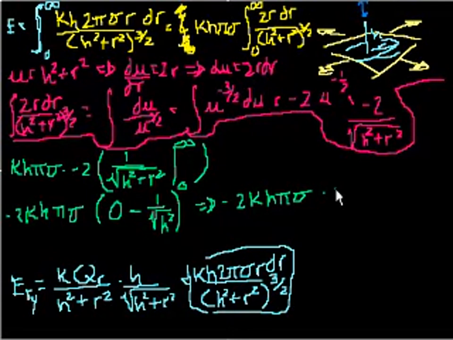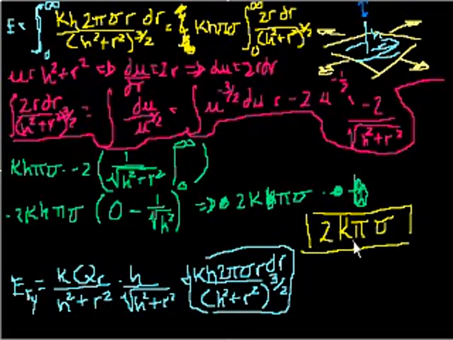And there's a minus, times minus 1 over h. Well, this minus and that minus cancel out. Fair enough. And then this h and this 1 over h should cancel out. Fair enough. And all we're left with, after doing all of that work, and I'll do it in a bright color because we've done a lot of work to get here, is 2k pi sigma.